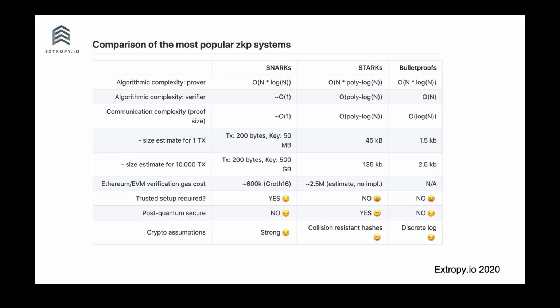They require strong cryptographic assumptions, so that's bad. But the complexity of the verifier, for example, is constant, whereas with STARKs and bulletproofs, it is not. And for the prover, they're the same as the bulletproofs, and better than STARKs. So they're a good sort of general purpose proving system.